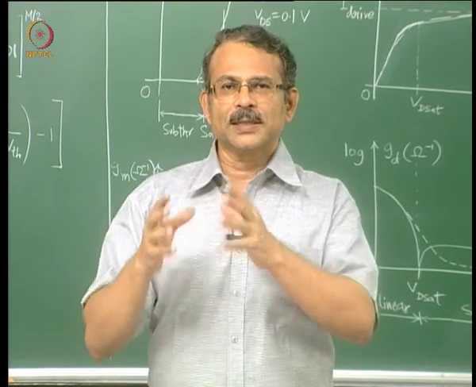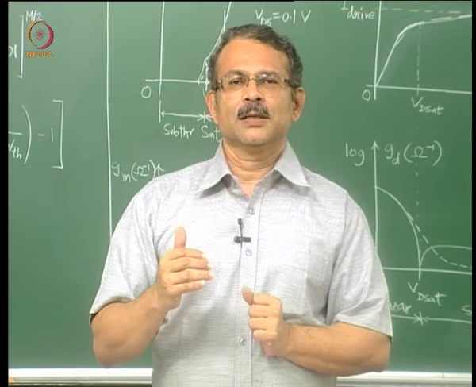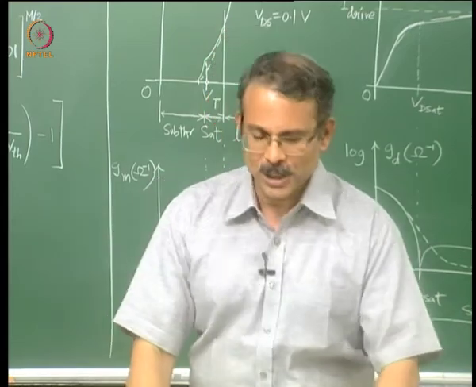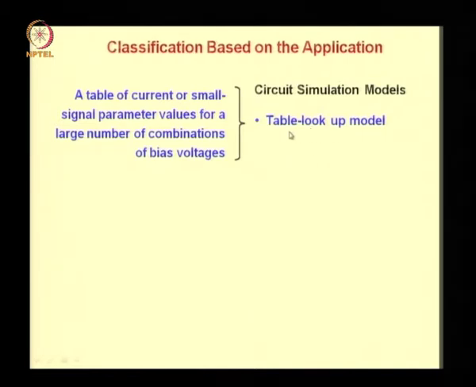Now, because of these constraints, there are a variety of models which can be used for circuit simulation. The model suitable for circuit simulation which has absolutely no physical basis is a table lookup model. It is just a table of current or small signal parameter values for a large number of combinations of bias voltages.